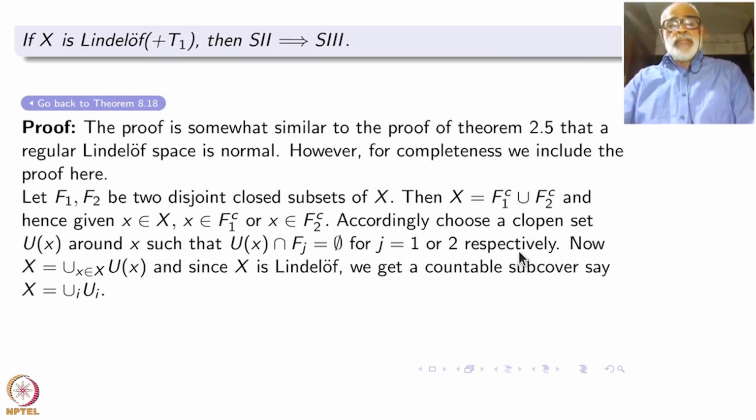Okay. For each point I have chosen a U_x, therefore X is the union of all the U_x's, and each of them is open. X is Lindelof implies we have a countable subcover here. All right.